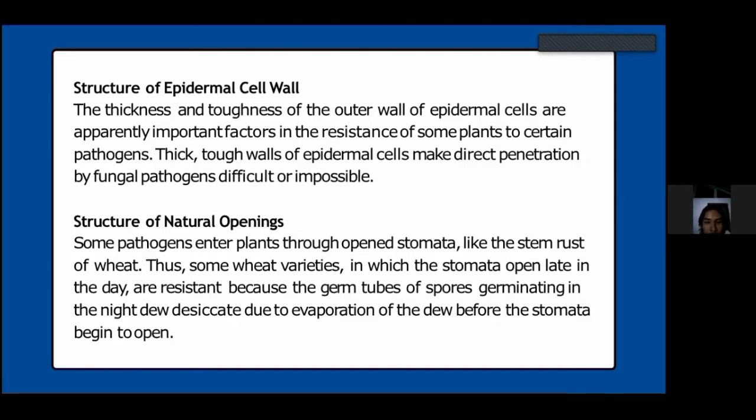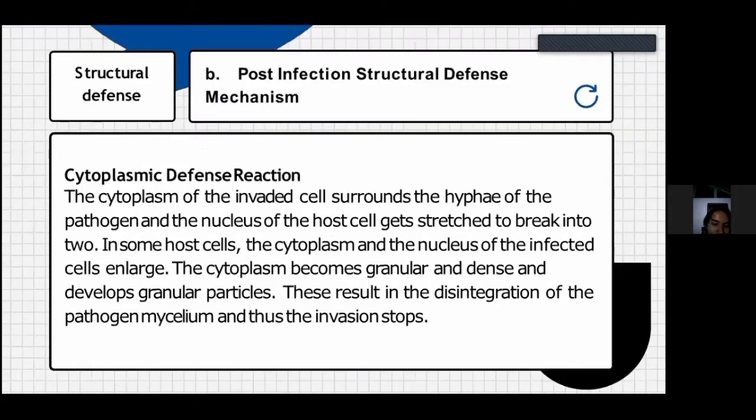Some pathogens enter plants through open stomata, like the stem rust of wheat. Thus, some wheat varieties in which the stomata open late in the day are resistant because the germ tubes of spores germinating in the night dew desiccate due to evaporation of the dew before the stomata begin to open.